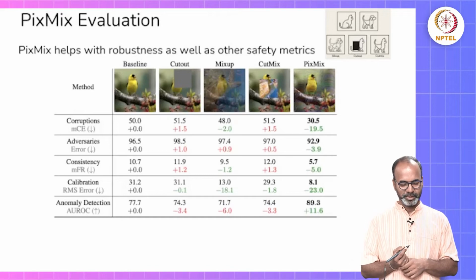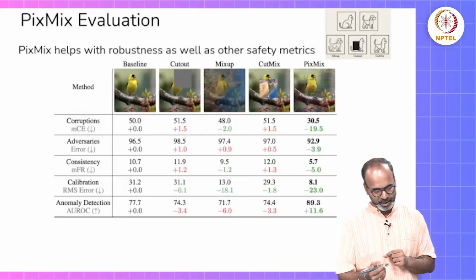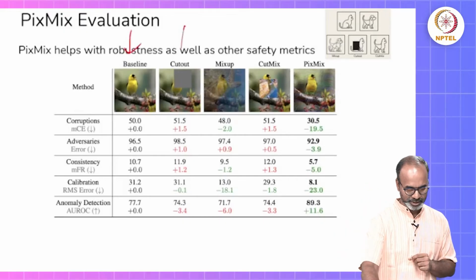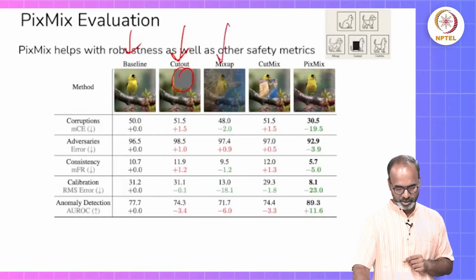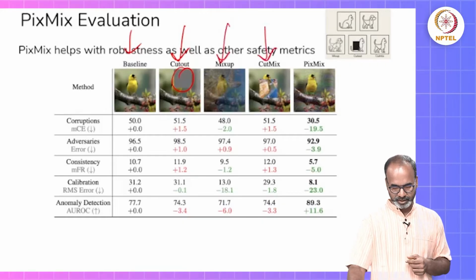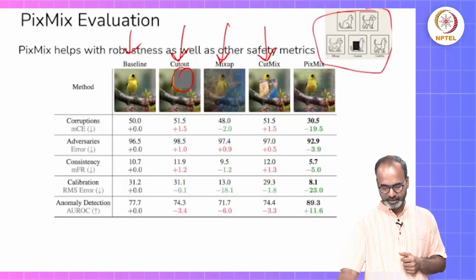PixMix helps with robustness as well as with other safety metrics. Here is how the idea is. This is a baseline image. This is the cutout image. Parts of the image are gone. This is the Mixup idea, the cut mix idea. So I put a small image here to help you understand.